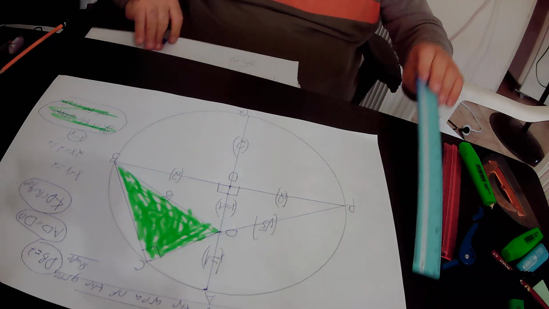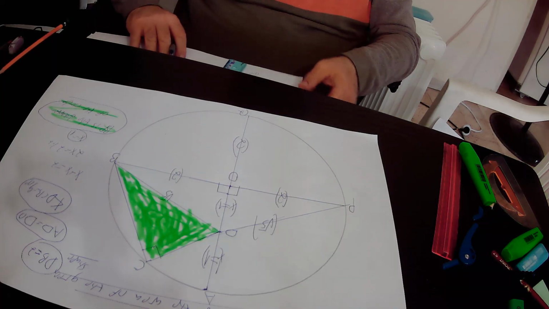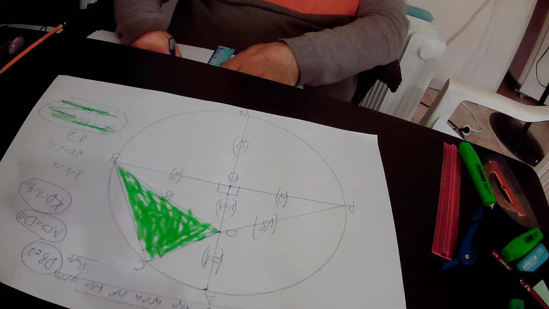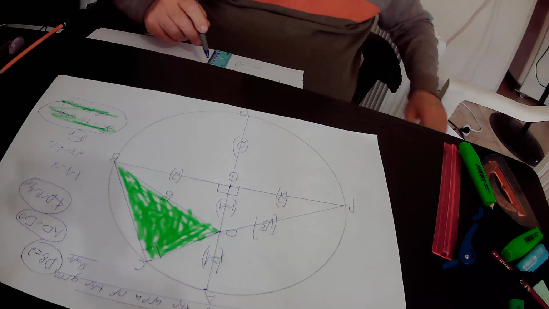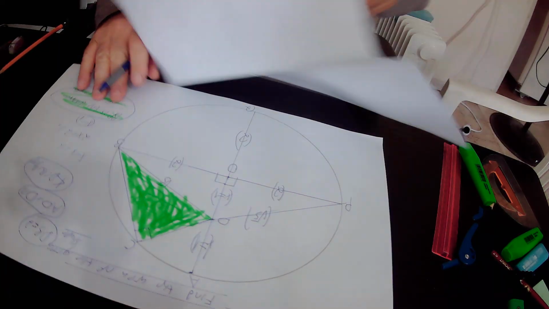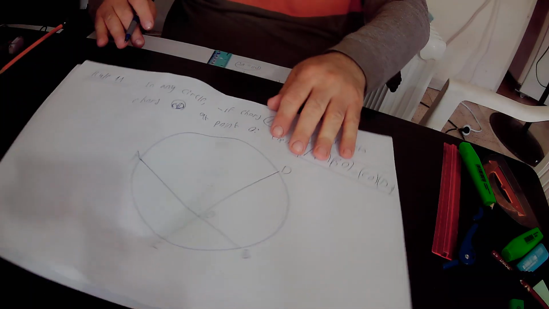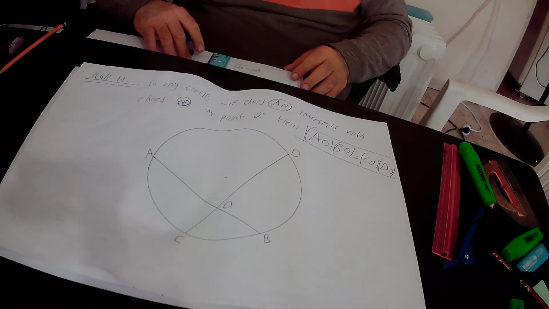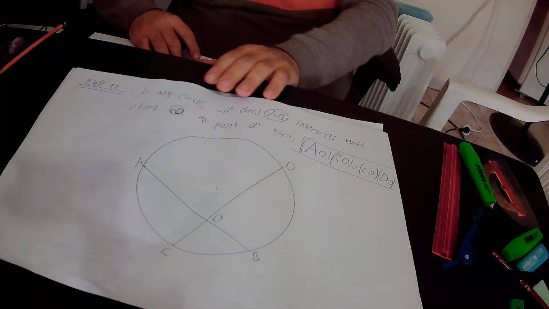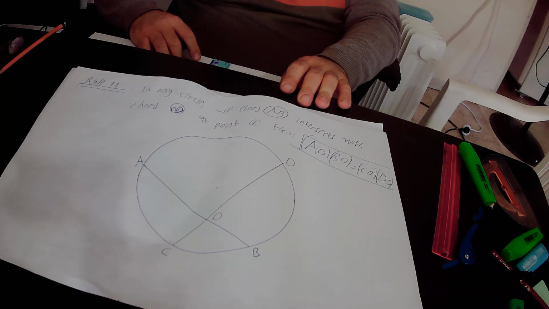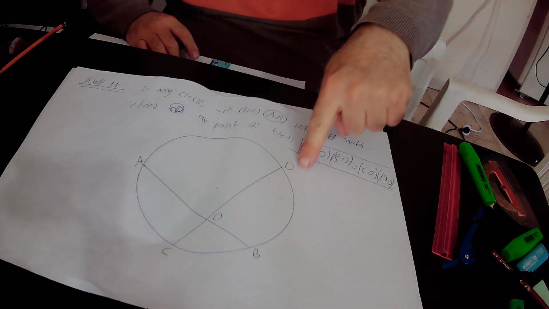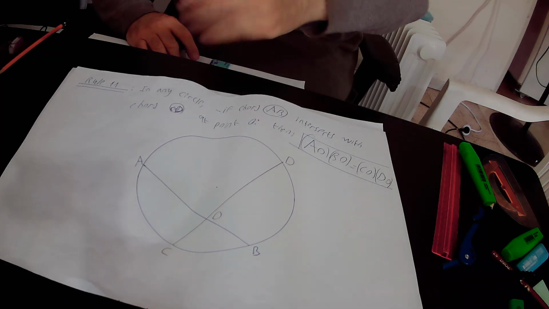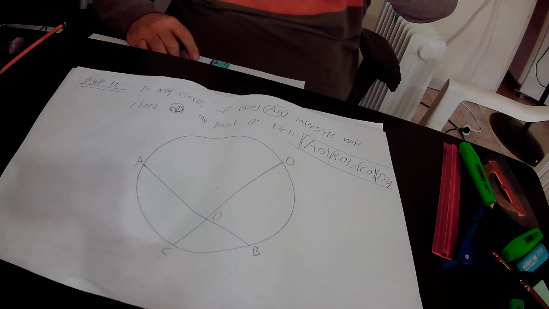Here we can actually implement rule 11. Let me repeat quickly rule 11. According to rule 11, which is true in any circle, if chord AB intersects with chord CD at point O, here we have chord AB intersects with chord CD at point O. Point O is the intersection point between the two chords.